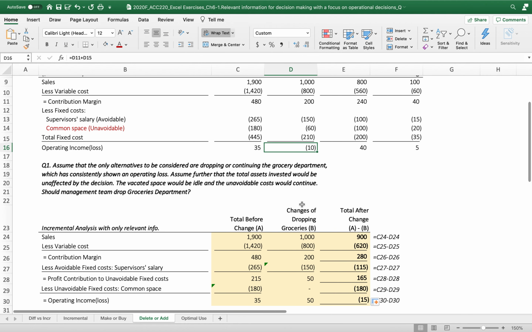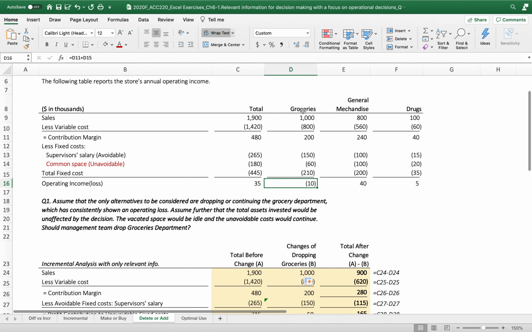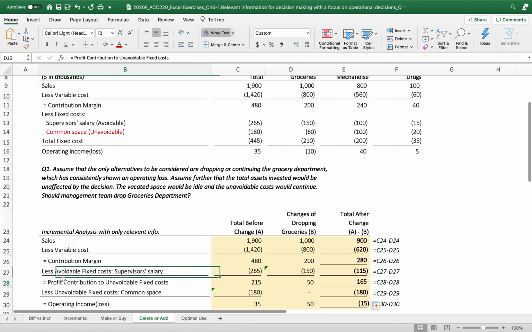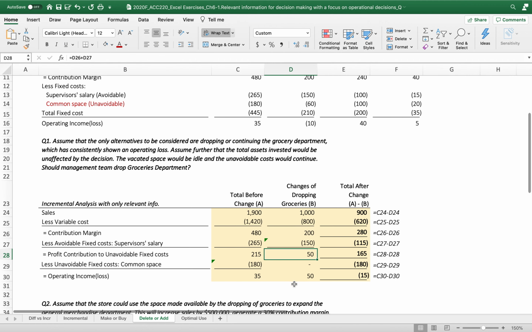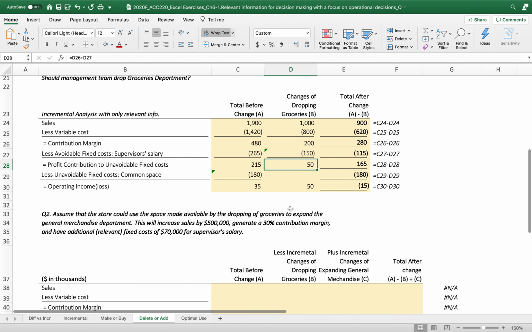Even though this department is making an operating loss, if the department creates a positive profit contribution to unavoidable fixed cost, then okay, we can still run this grocery department.